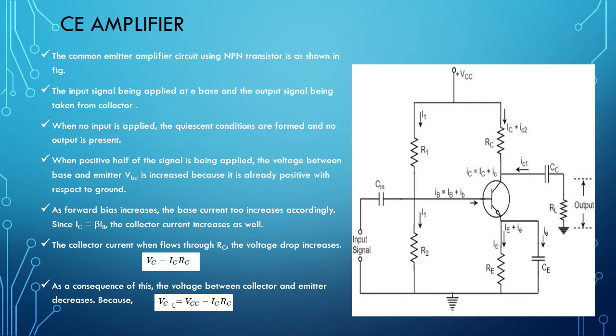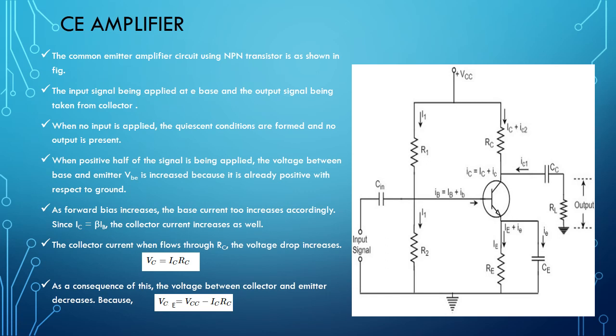Then a positive going signal is applied at the input, so the collector current also increases positively. The voltage drop across the collector resistor is IC RC, but the voltage between the collector and the emitter, VC, is equal to VCC minus IC RC.